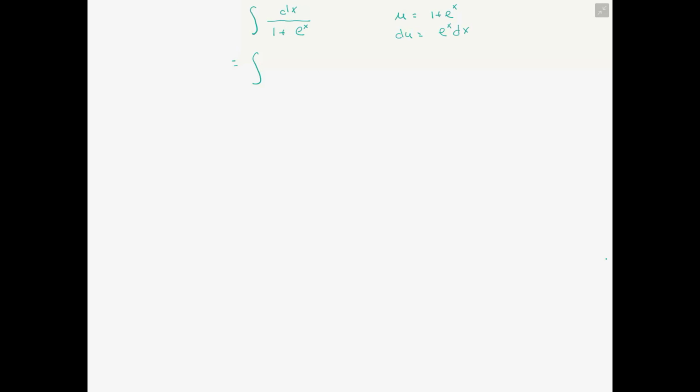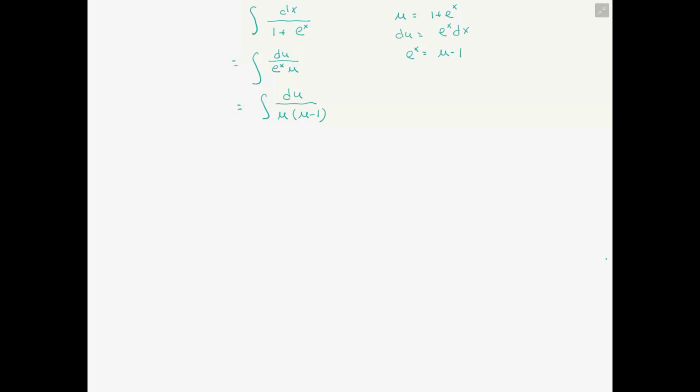All right, so we have e to the x, so we got du on e to the x and u, but we have e to the x equals u minus 1. So we have du on u times u minus 1.